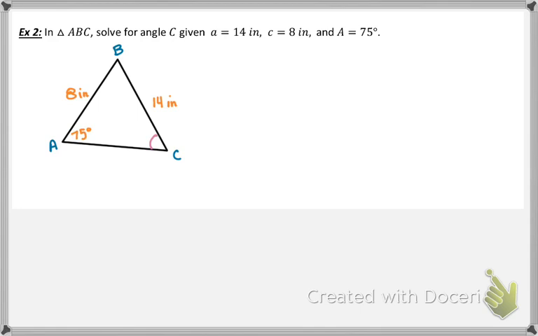Okay, so again, we're going to set it up by starting with our match set. So we have a match set here. We have 75 degrees and the opposite side of that angle, which is 14 inches.